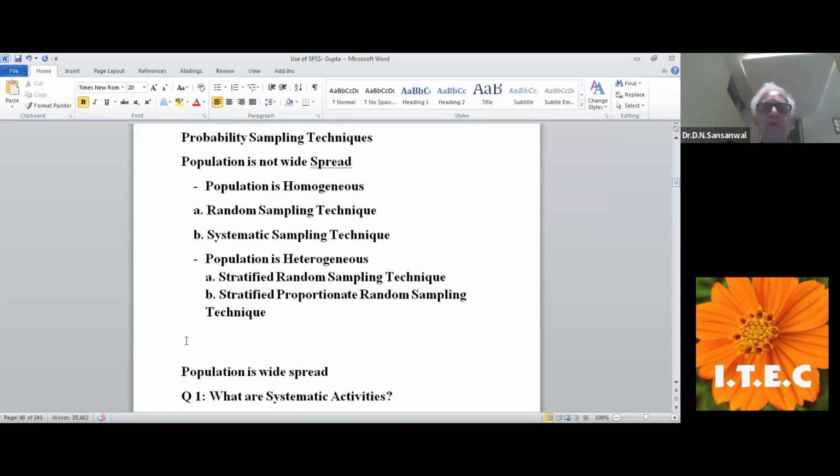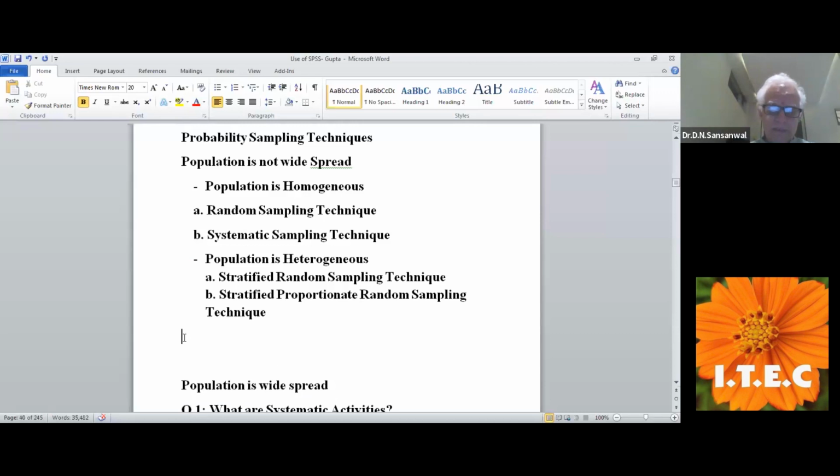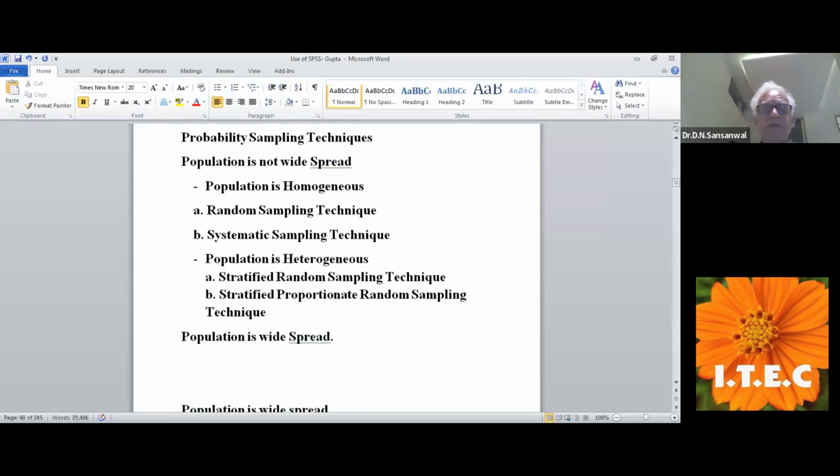But if your population is widespread, then which sampling technique do you use? Widespread means that your population is not from Kanpur, it is from whole of UP.